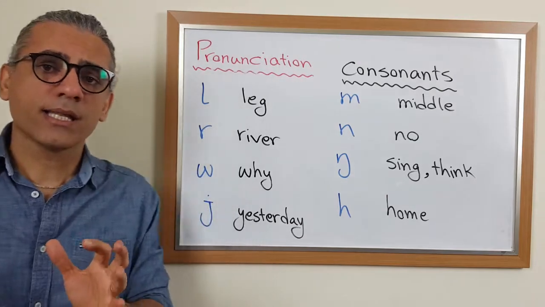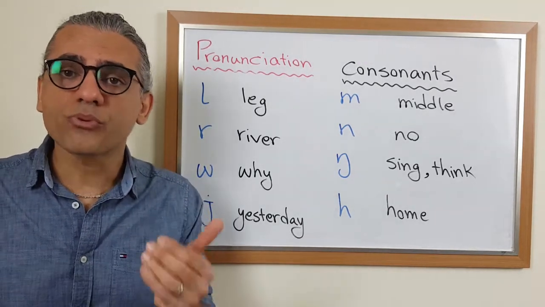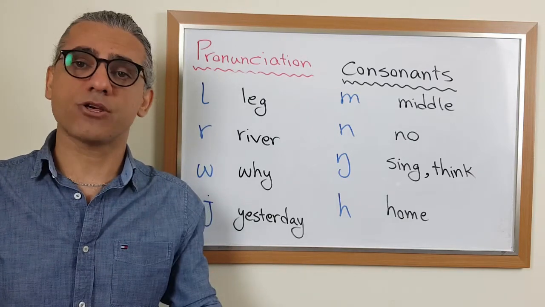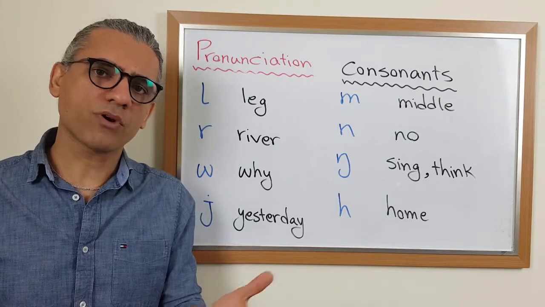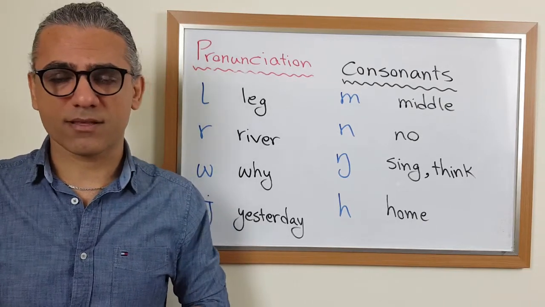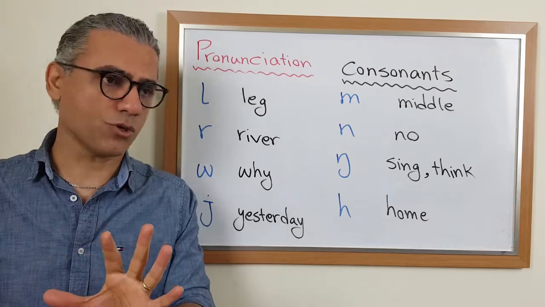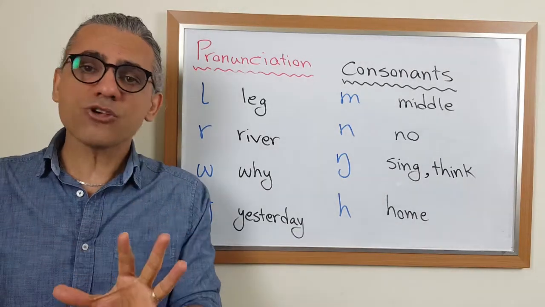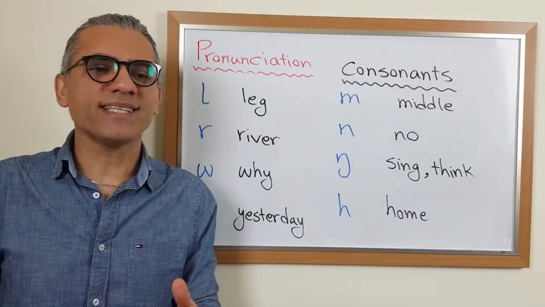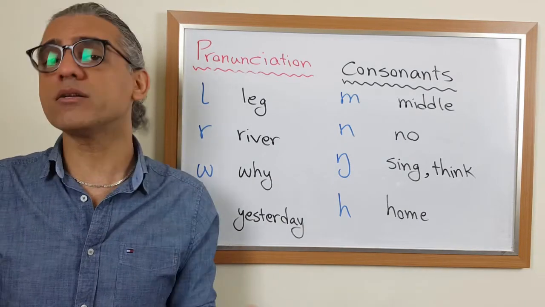Listen, guys, now you know all the symbols you need to be able to pronounce a word from a dictionary. When you open a dictionary, remember, me myself, I use Oxford Advanced Learner's Dictionary, and I recommend you use that too, because a dictionary is not only for finding the meaning of a word. A dictionary teaches you a lot of things.